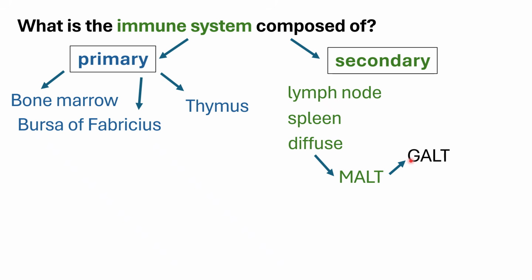So if you see these nodules or diffuse lymphatic tissue underneath, usually the epithelial layer of your mucosa, anywhere along the segment of your GIT, we will be learning more about this later in our GIT topic. So you would call it your gut associated.